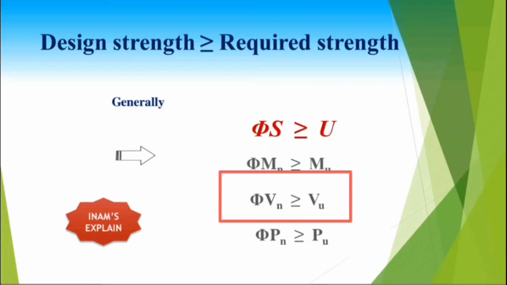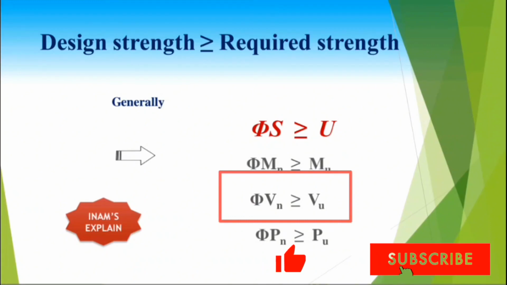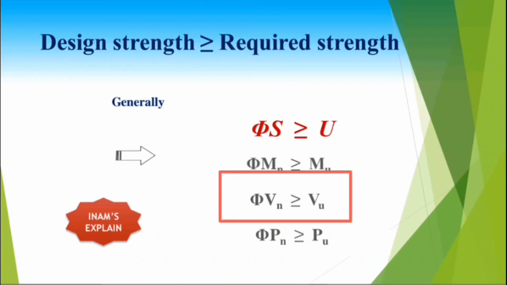If the load effect is shear, then by calculating the nominal shear of a section of any structure and multiplying by the strength reduction factor, we gain the design shear, which should be greater than or equal to the ultimate shear.